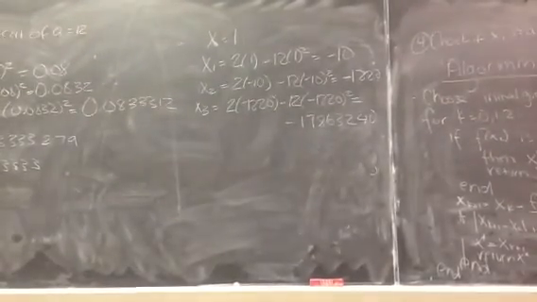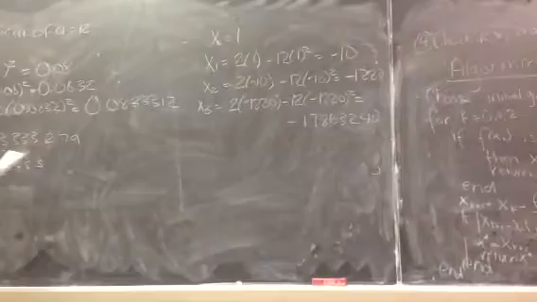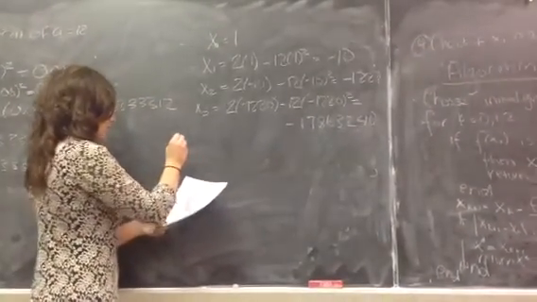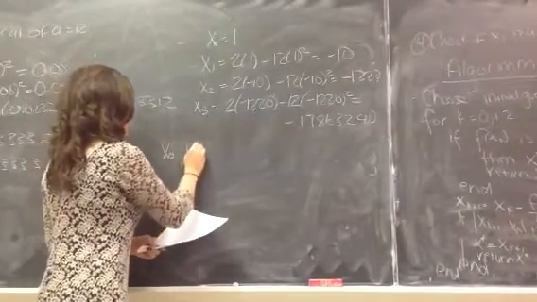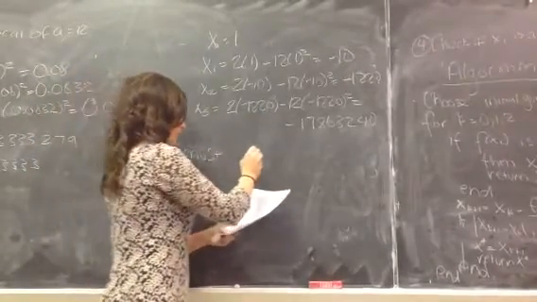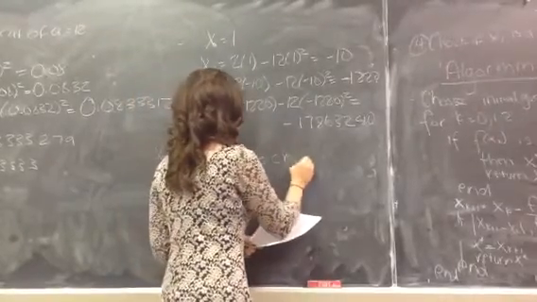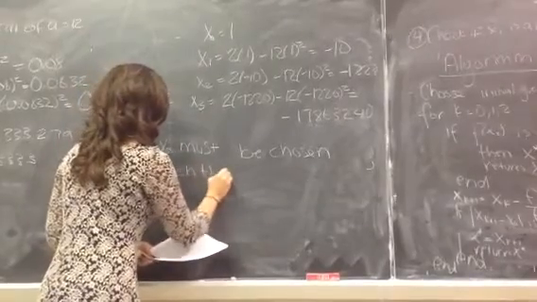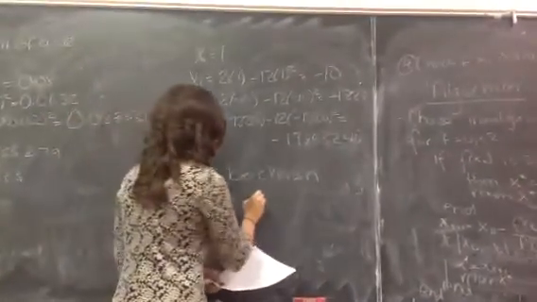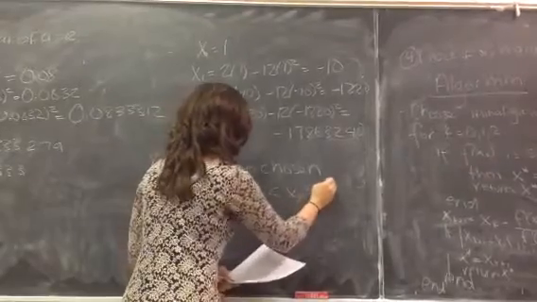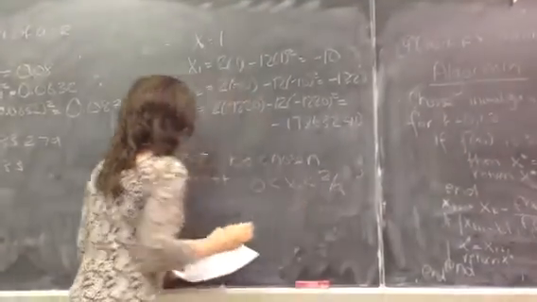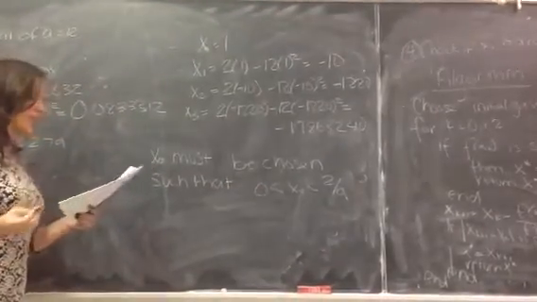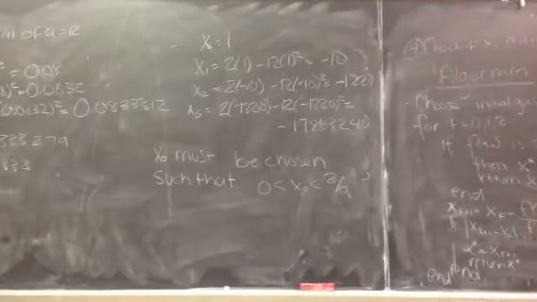So for this specific problem of computing a reciprocal, we can say that x sub 0 must be chosen such that x sub 0 is between 0 and 2 over a. This guarantees that the next iterate will at least be positive.